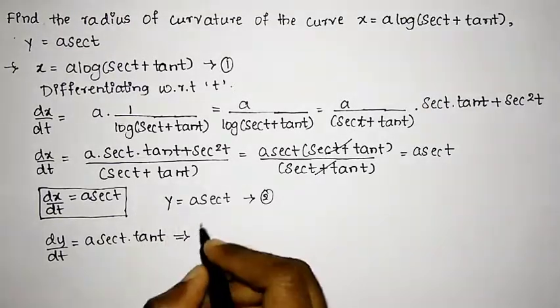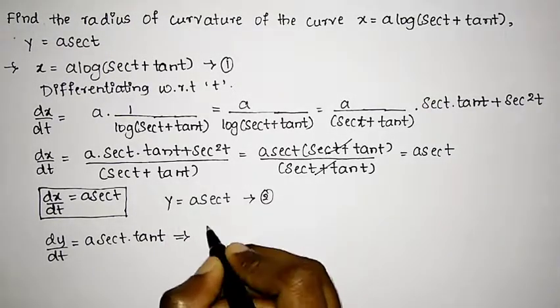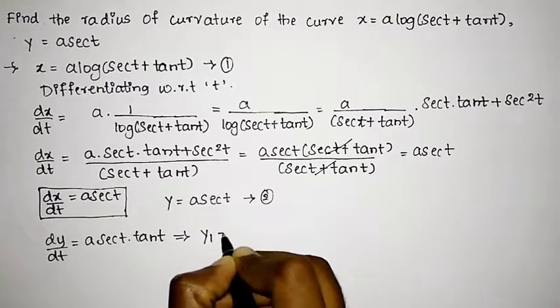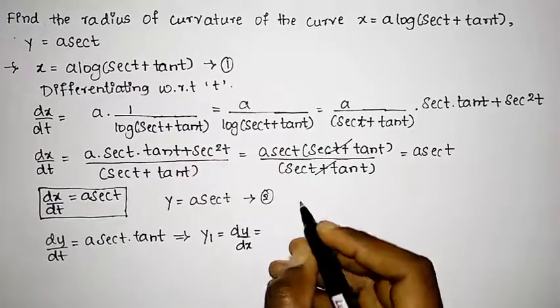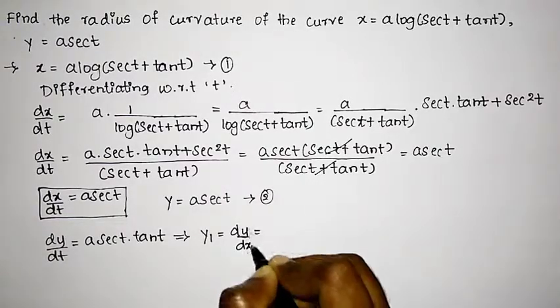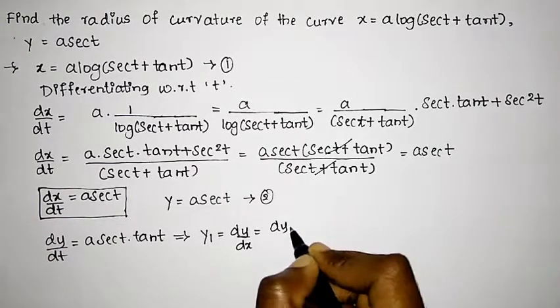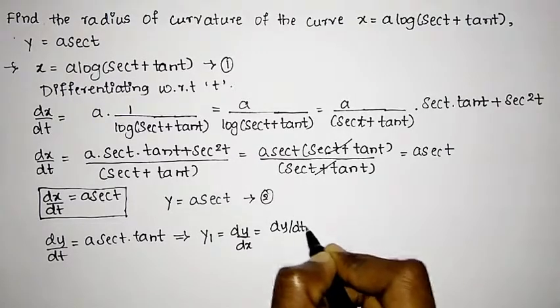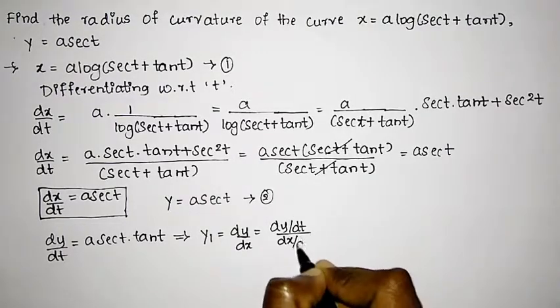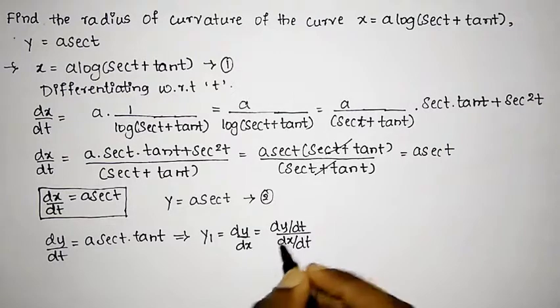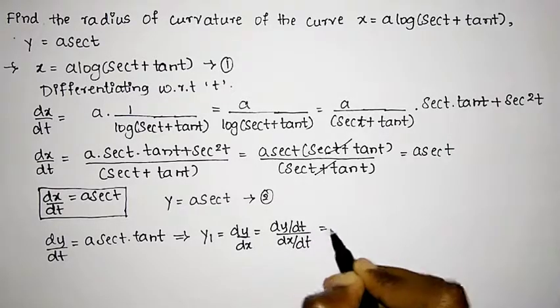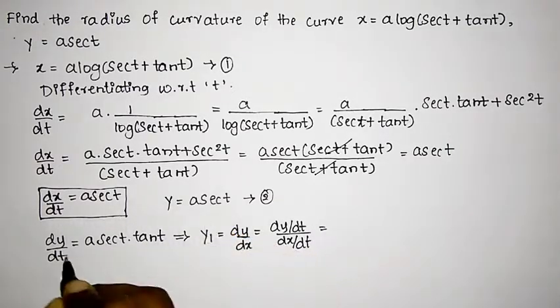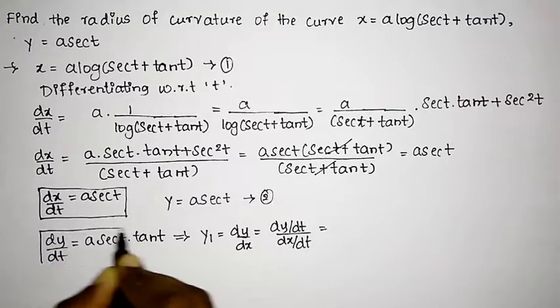So therefore we can write y1 as dy upon dx, which is nothing but dy upon dt divided by dx upon dt.